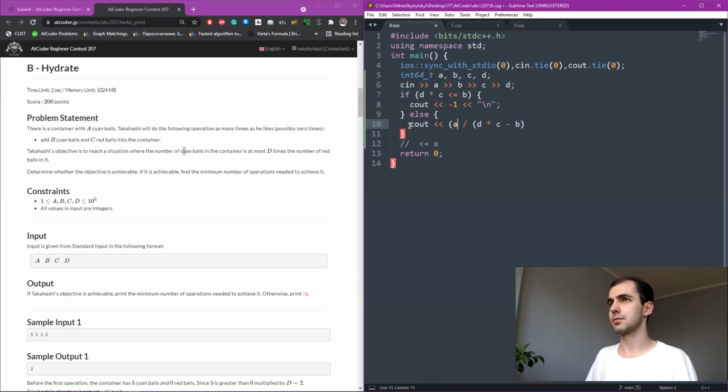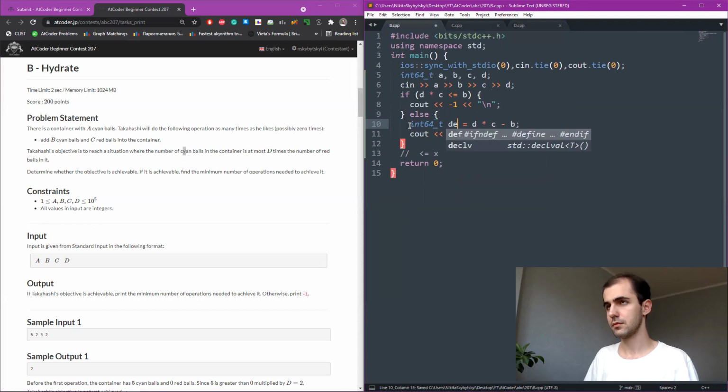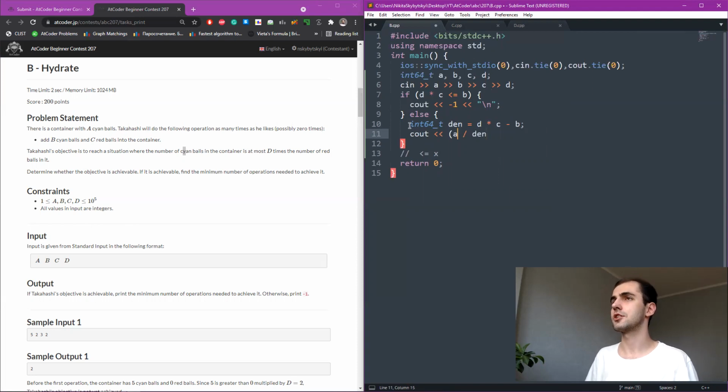How to round up? Well, first of all, I'm just gonna say that it's your denominator. Denominator. And then you say like this.